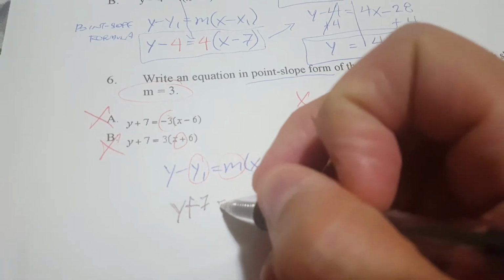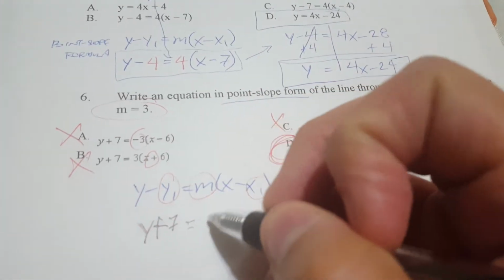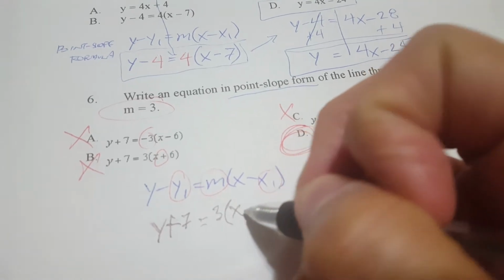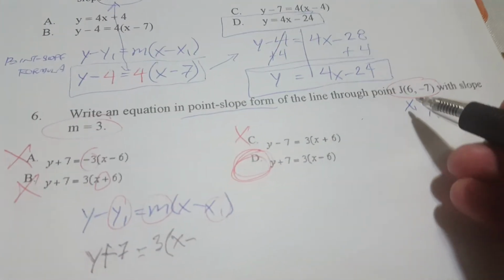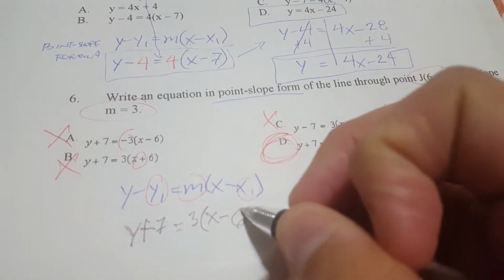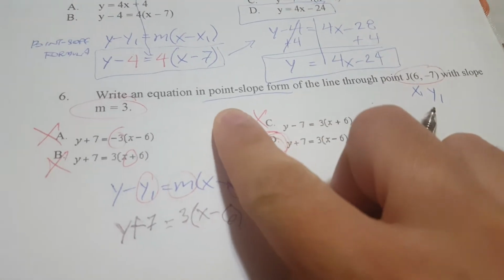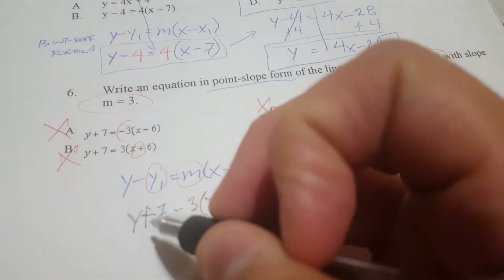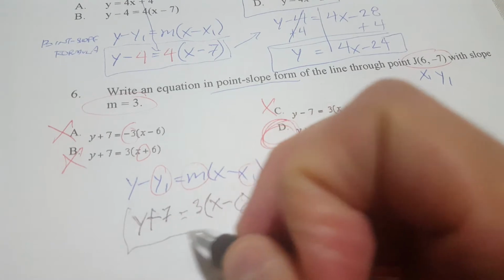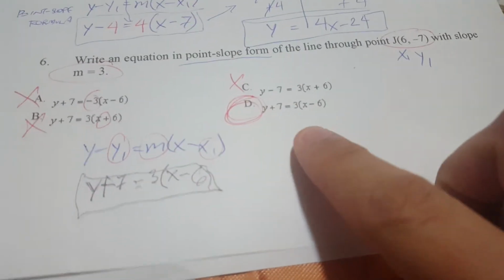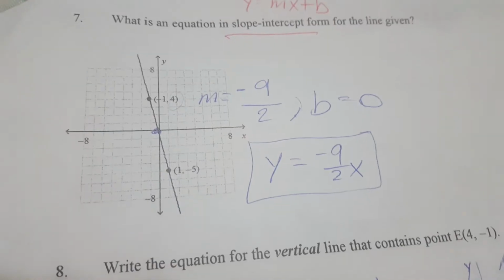And then this is going to be equal to, my m here is 3, times x minus our x1 over here is 6. And in this case, we're going to stop here because this specifically asks for point slope form. This is in point slope form. So we are done right here. And this one ended up being answer choice D.